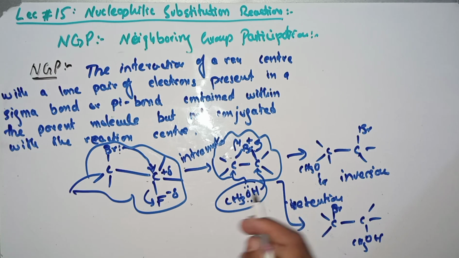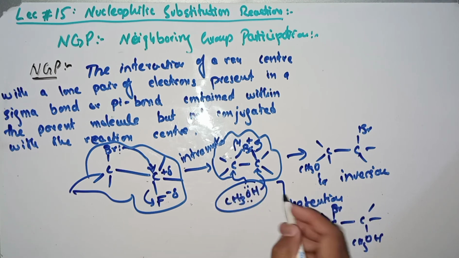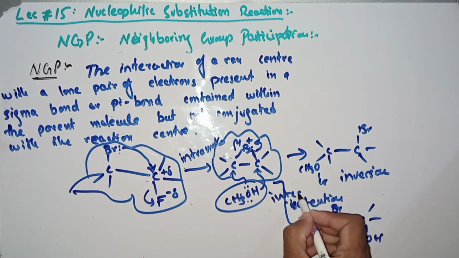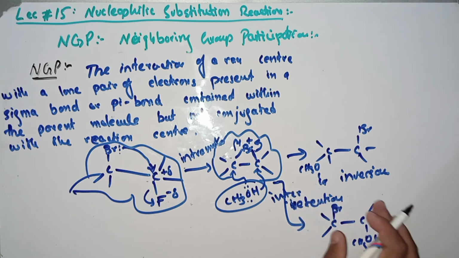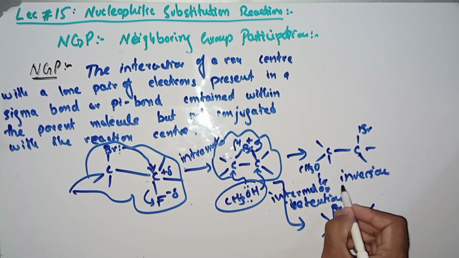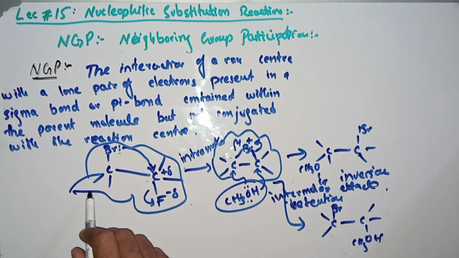So this reaction is complete in two steps. In the first step, intramolecular attack occurs, while in the second step, intermolecular attack occurs. In the second step, the product may be either inversion or retention, but the reaction will be an intermolecular attack. That is the attack of an external nucleophile, not the internal nucleophile like in the first step.